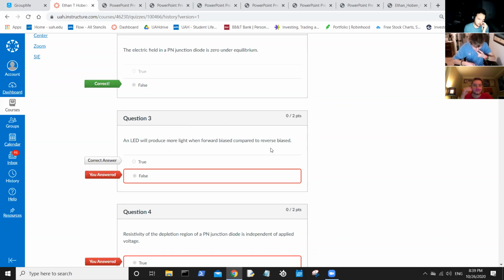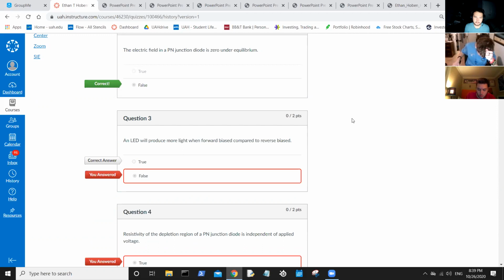The reason I picked wrong here was because I remembered that when he was talking about solar panels, he said that solar panels want to be operated in the reverse bias mode to increase the magnitude of the electric field. Because as I said earlier, when your PN junction is reverse biased, it has the greatest possible electric field to resist the flow of current. So here, I was like, oh, well, the most possible light.